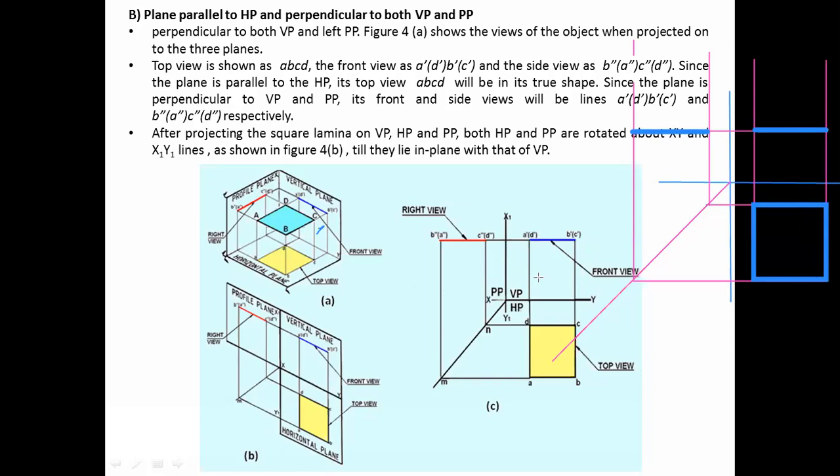Isn't it easy to understand and draw? In the same way, if you can easily locate and project points, you will be able to locate and project lines. And if you can locate and project lines, you will easily locate and project planes. They are in sequence only.